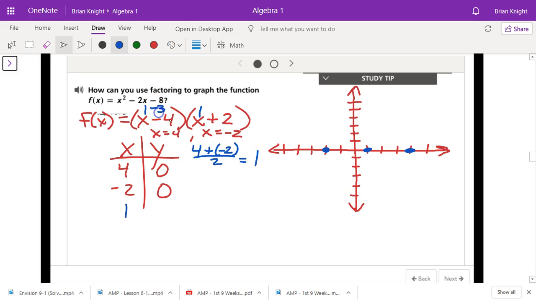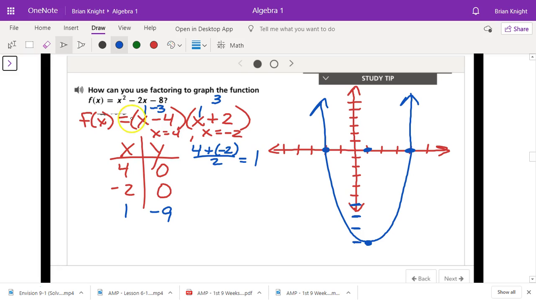That would be negative 3 times 3, so that would be negative 9. So I know I need to go 1, 2, 3, 4, 5, 6, 7, 8, 9 down here, and there's your vertex. That's a beautiful parabola. Okay? Does everybody understand how to do that?